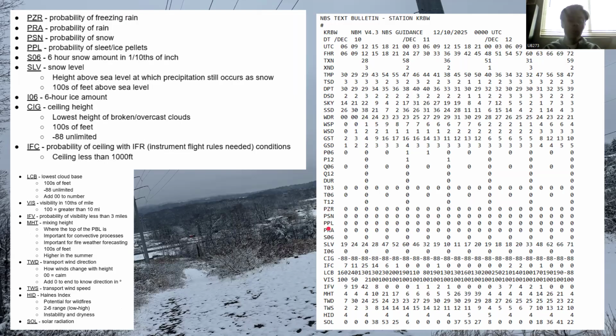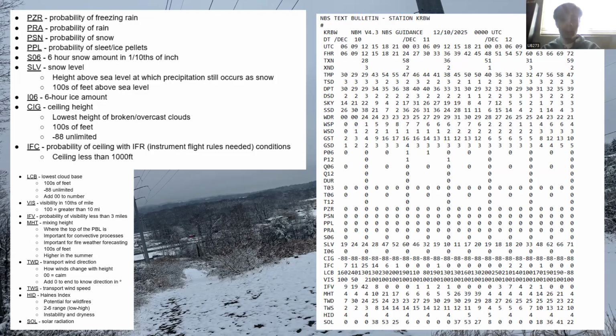And they're very important because they help you know, if there is precipitation, what type it might be. So PZR would be freezing rain, important to know if that's the case. PSN is the probability of snow, PPL, probability of sleet or ice pellets, PRA, probability of rain.